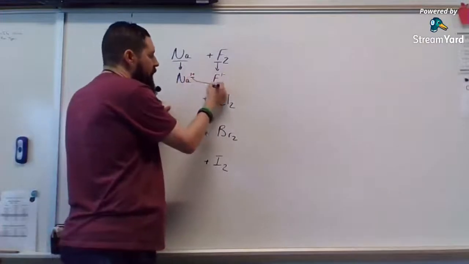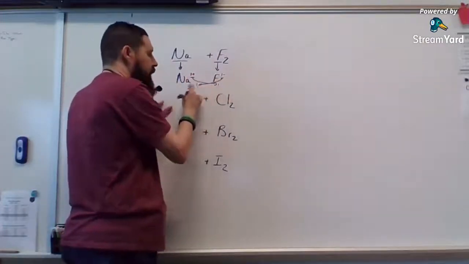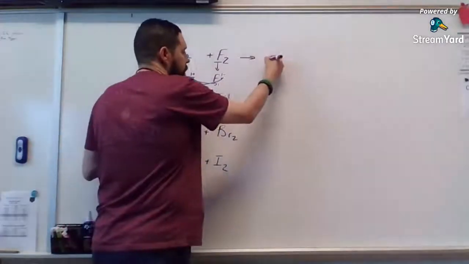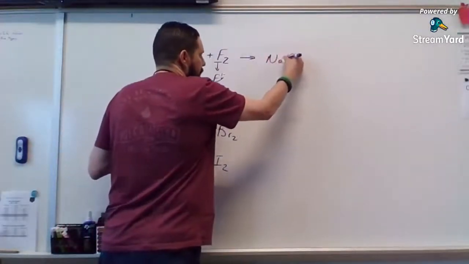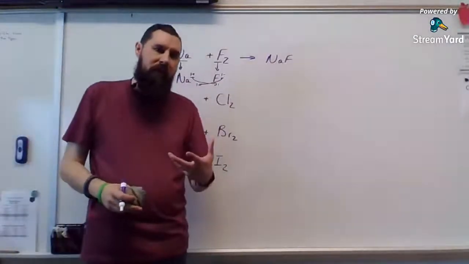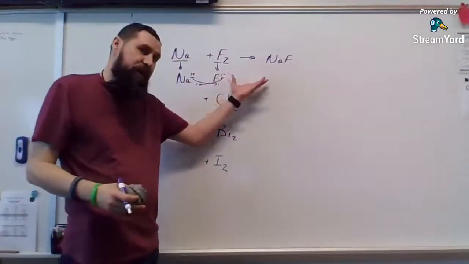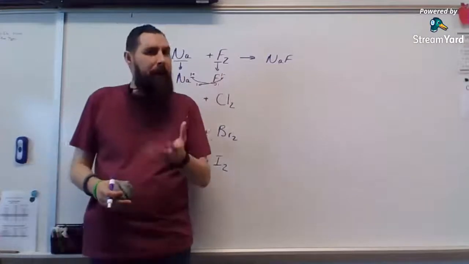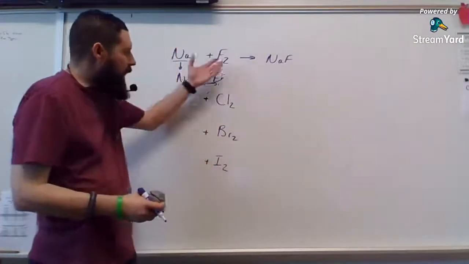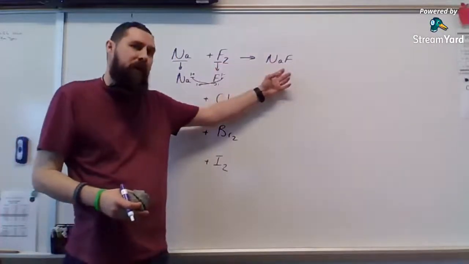And when I cross down, as I talked about whenever I introduced this, my formula is going to be NaF. One of the things I haven't mentioned so far, but it becomes very apparent here, is that I'm not balancing the equations right now. So that's why I start with 2 fluorines and only end with 1.